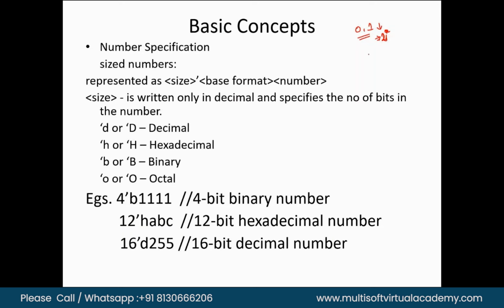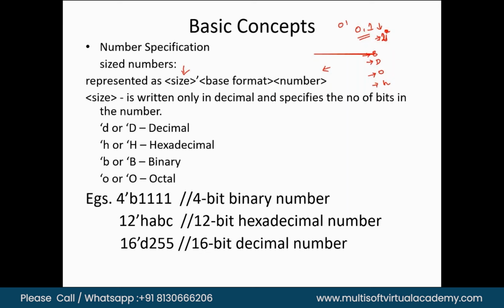When it comes to digital, you will be having different ways to represent. One is binary, and the others are decimal, octal and hexadecimal. These are the four ways you can represent your zeros and ones. So how do we form the syntax for it? First one, your size: what is the size of this data?